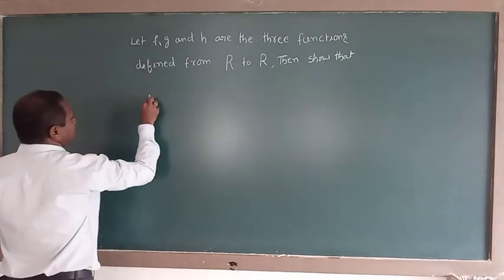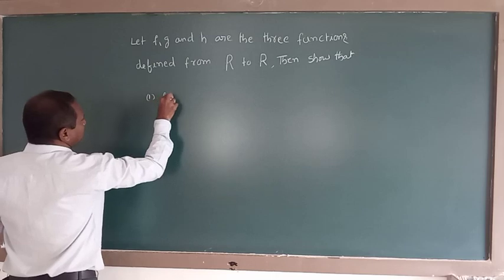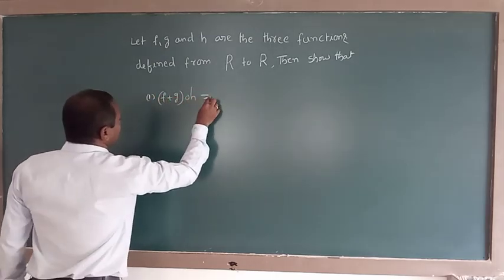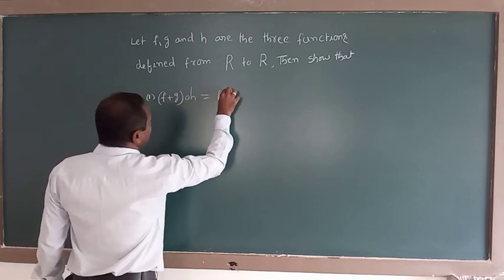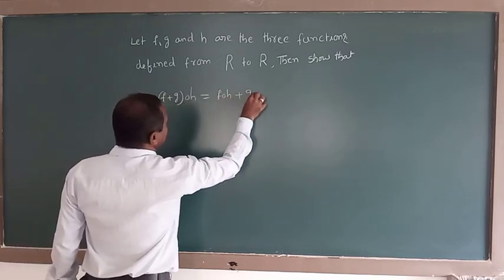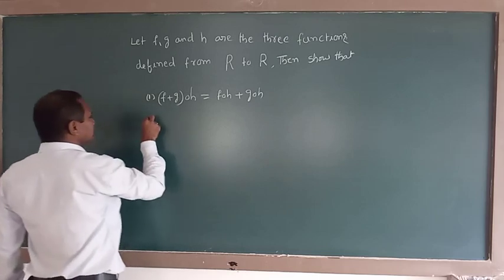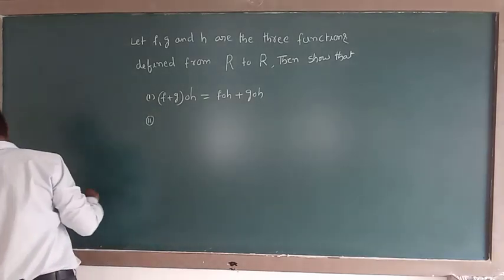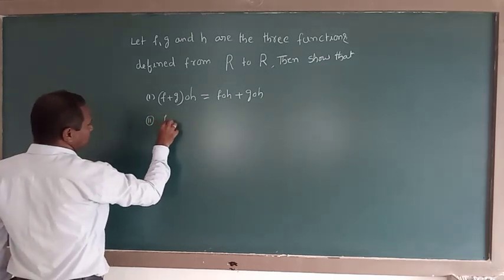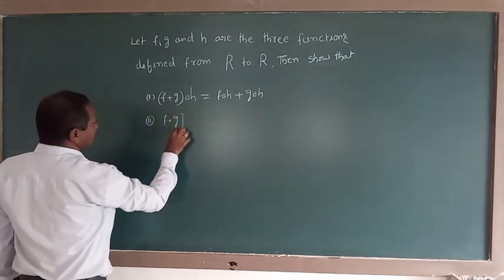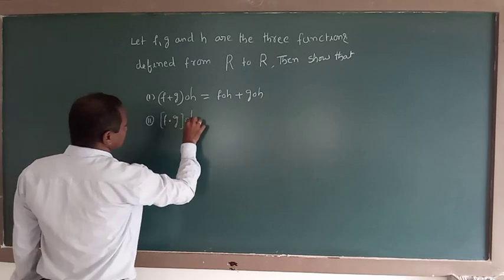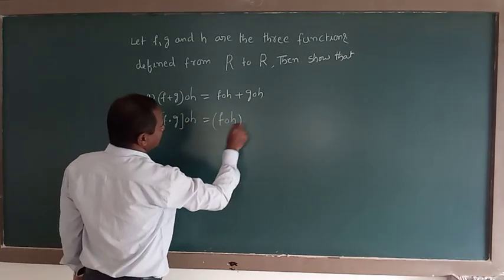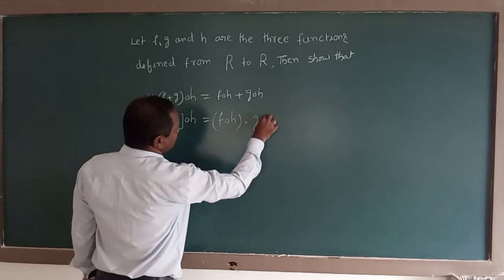First question is f plus g circle h is equal to f circle h plus g circle h here. Second question, f dot g, f into g, circle h is equal to f circle h into g circle h here.